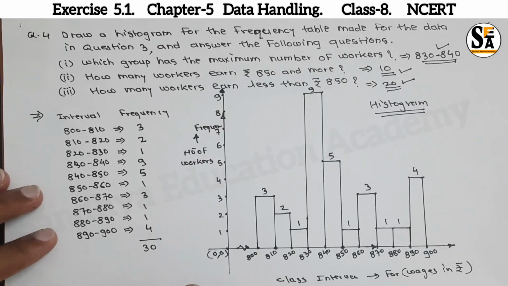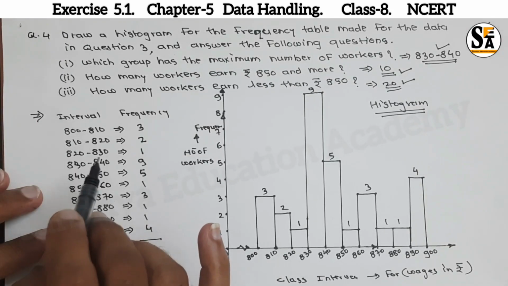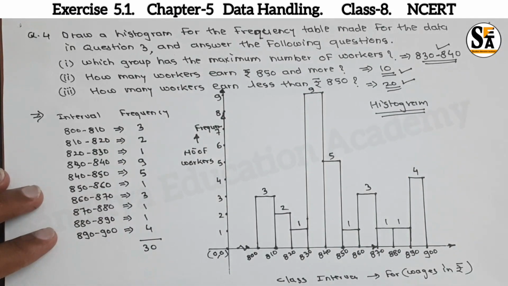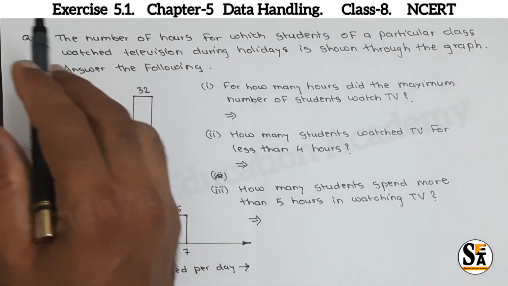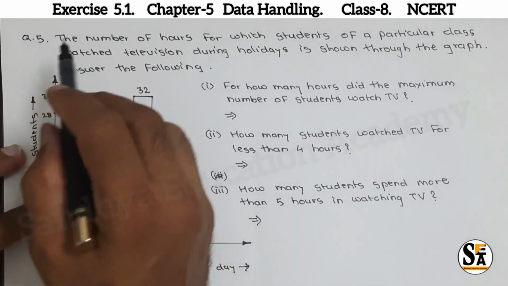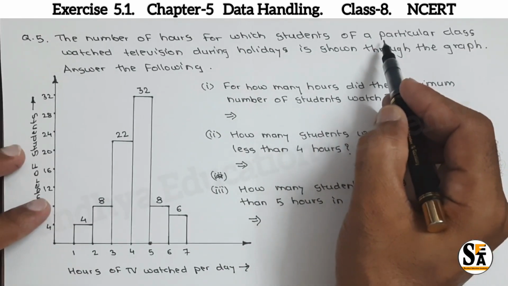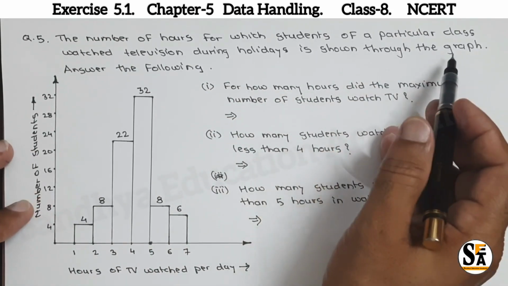So thus we have seen how to make a frequency chart, then from the frequency chart how to draw a histogram, and with the help of the histogram it is easy to answer the questions which are asked. Now see the last question, question number 5 from exercise 5.1. The question is, the number of hours for which students of a particular class watch television during holiday is shown through a graph.